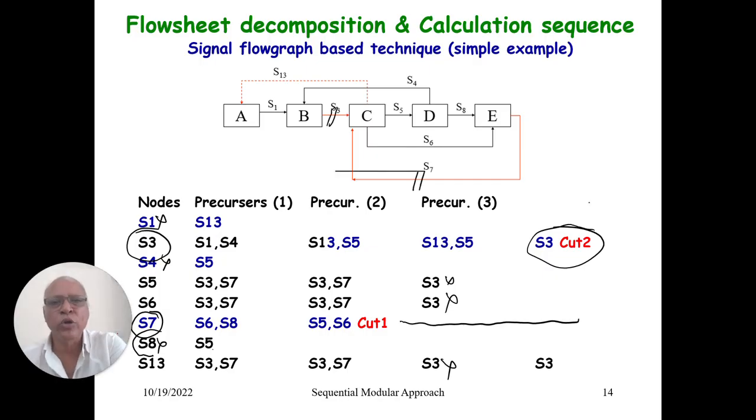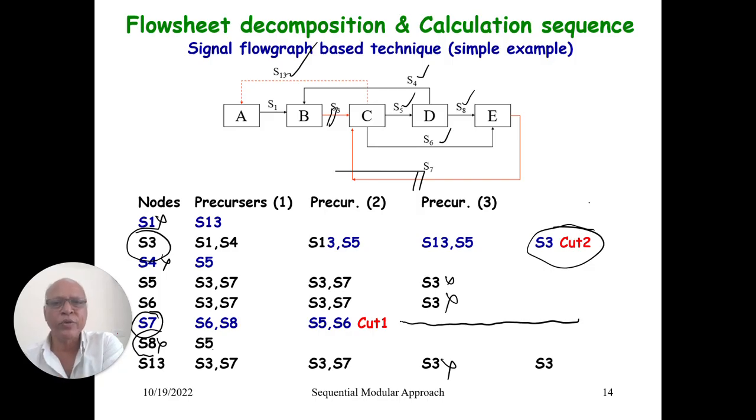These are the 2 inputs for unit C. I will be able to solve unit C to calculate S13 and S5, S6. Once I know S5, this is the only input to unit D. I will be able to solve unit D to calculate S8 and S6. Then I will be able to solve unit E to calculate S7. We started with an initial approximation, we got an update.